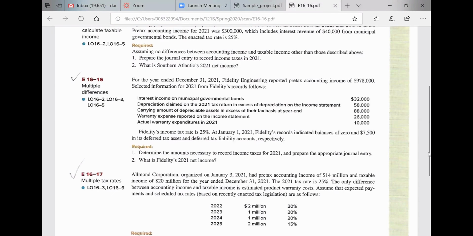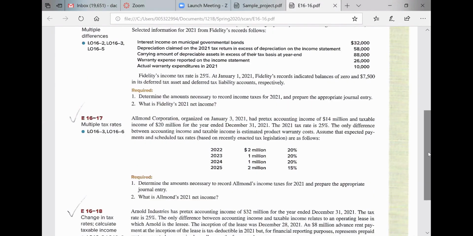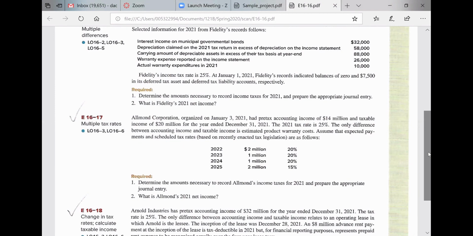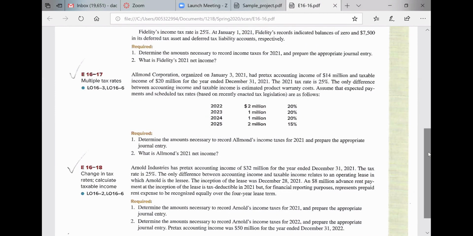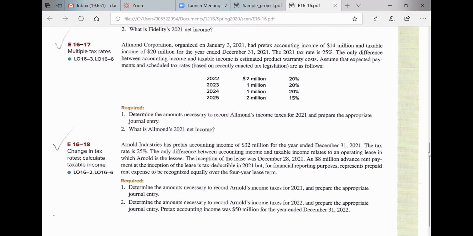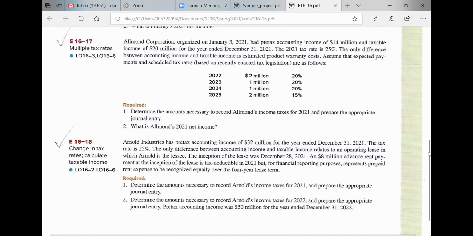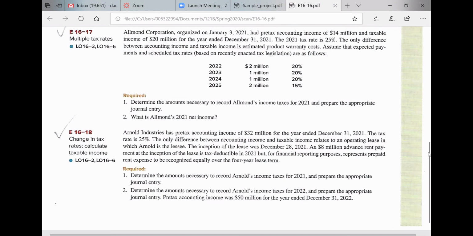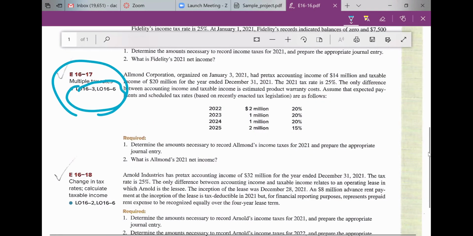Yeah, let's work on this question, 16-17. Let's just practice this part. Okay?